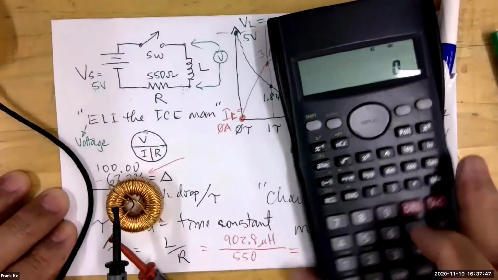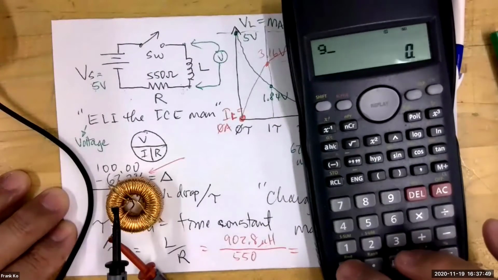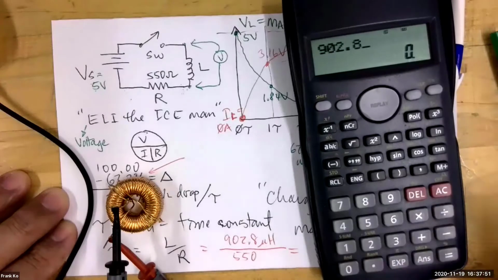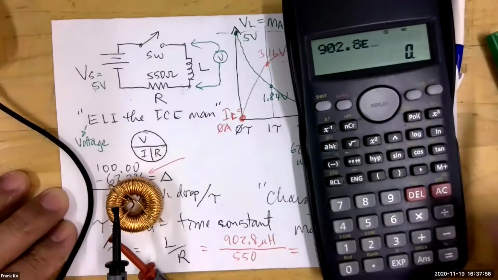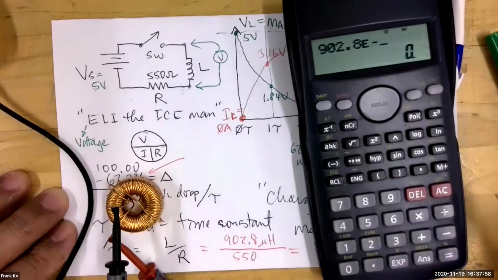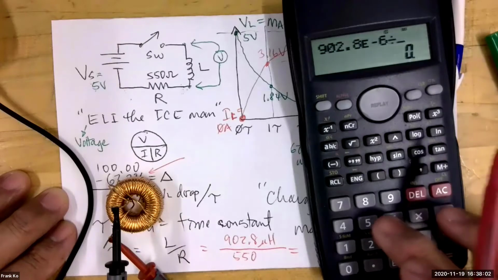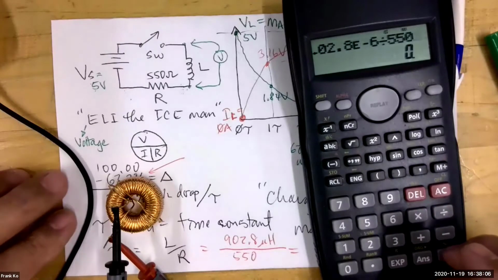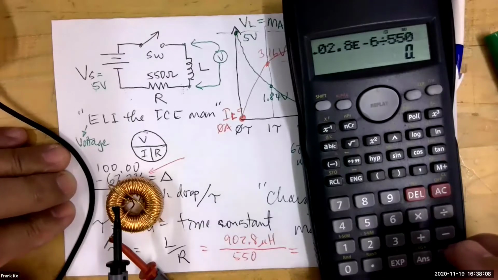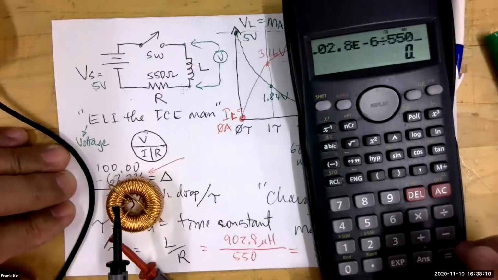So clear. So we punch in 902.8. How do I key in micro? That would be exponent, change sign, 6. And then divide by the 550 ohms. And before I hit equal, Isaac, do you have a calculation for us, please? 1.64 micro.